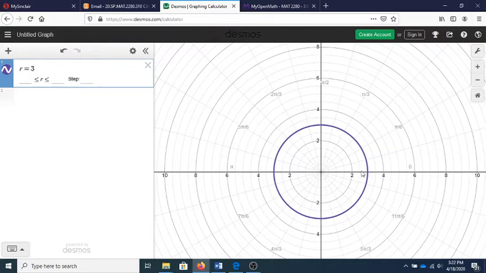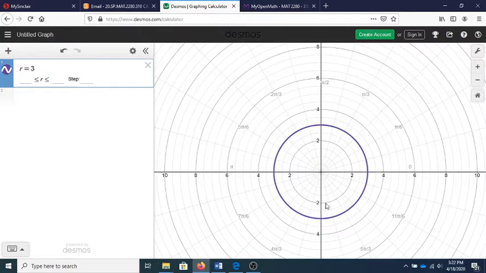Theta can be anything. So it's kind of like where I got a horizontal line, only in this case what's varying is not x or y, it's theta with a fixed r value, and that swings me around and gives me a circle with a radius of 3. So a circle with a radius of 3 centered at the origin is a very simple thing to graph in polar coordinates. Its graph is just r equals 3.